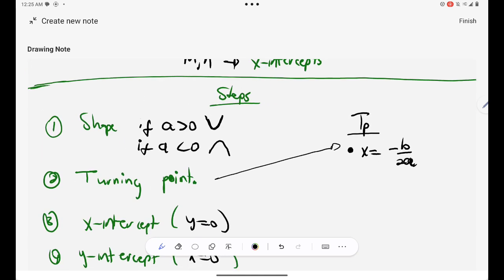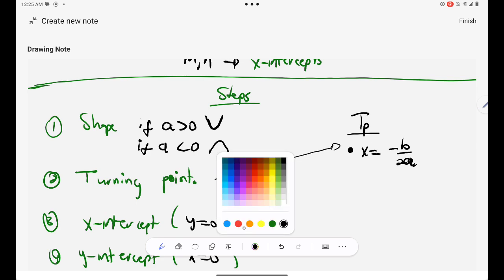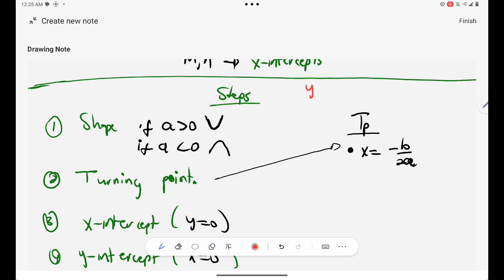Are you together? Please remember that the graph will be given as a x squared plus bx plus c. So for you to find the x coordinates of the turning point, you just take the value of b and a, put them here. Are you together?